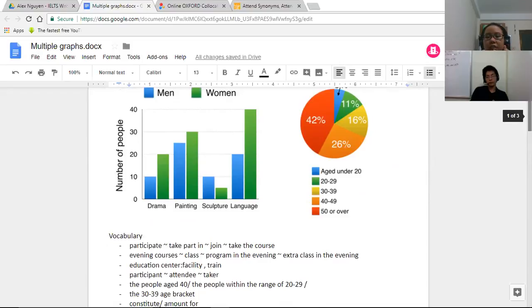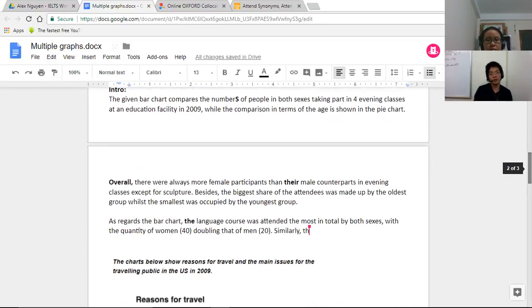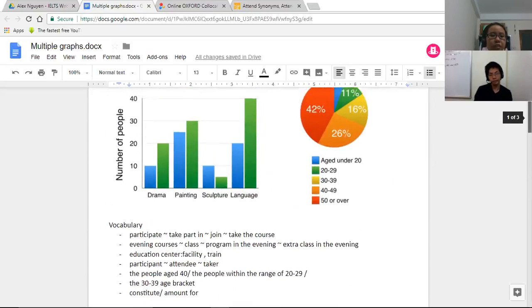You can start a sentence with the structure there is, there are, and then you can continue with the phrase twice as many. So let's think about that, right? That's the most simple one that I can think of right now. Yes, there were.